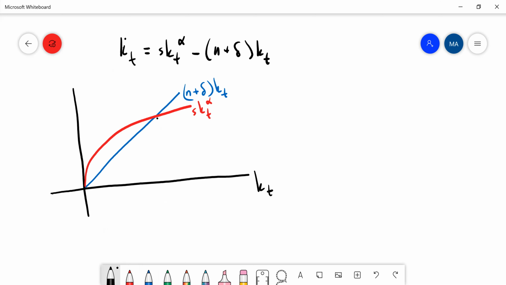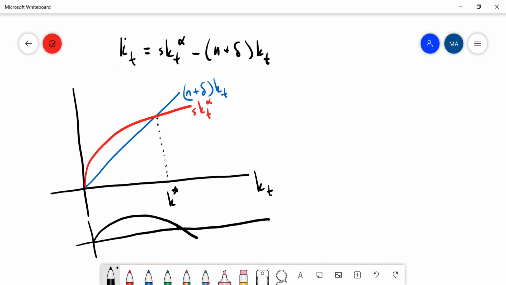And the point that they intersect obviously defines the steady state. Then you know that there is a stable dynamic for capital stock per worker. Okay.